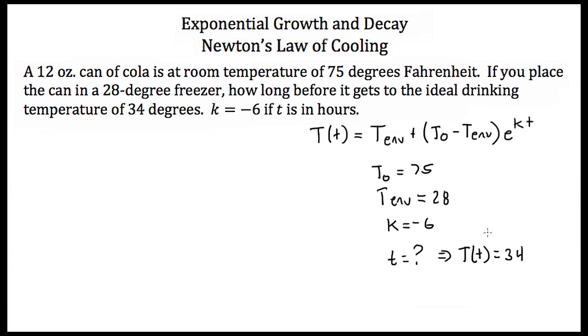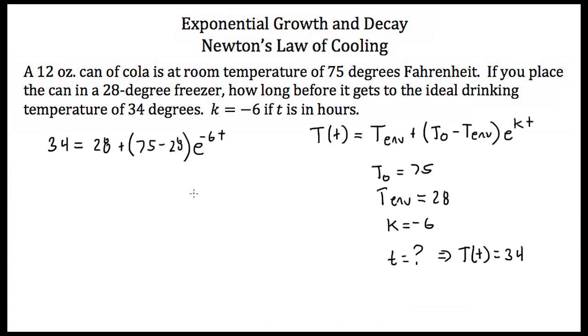Well, let's plug in all the information we can. 34 is equal to the temperature of our environment, which is 28, plus the initial temperature of our object, 75, minus 28, times e, the natural constant, to the negative 6t power. So what I need to know is in the exponent of this exponential term.